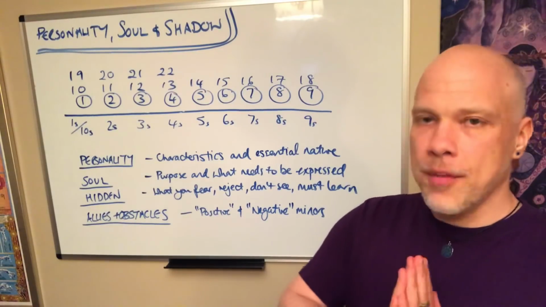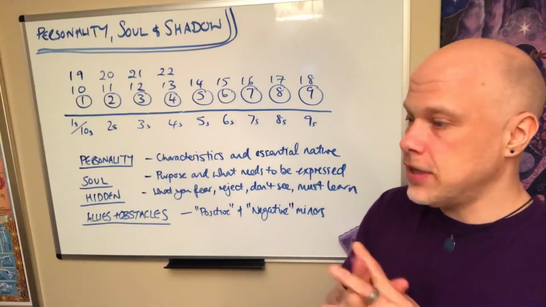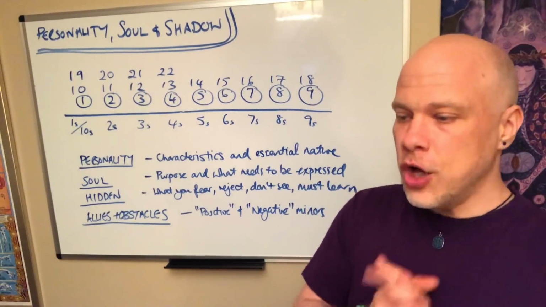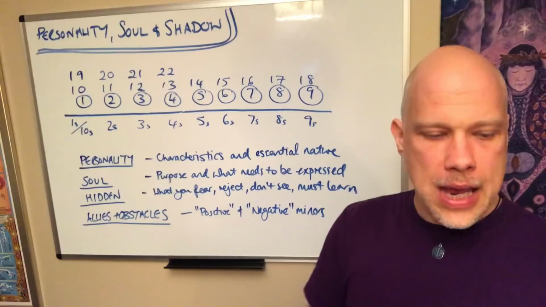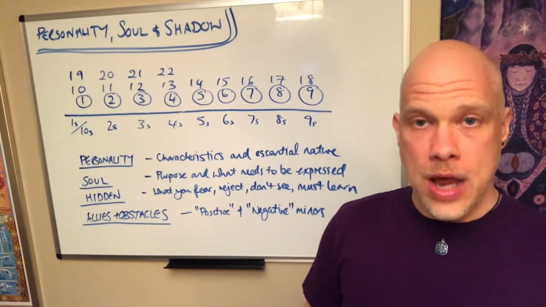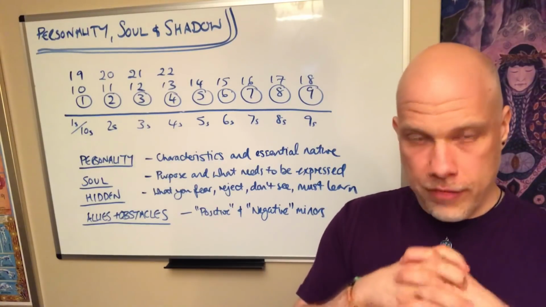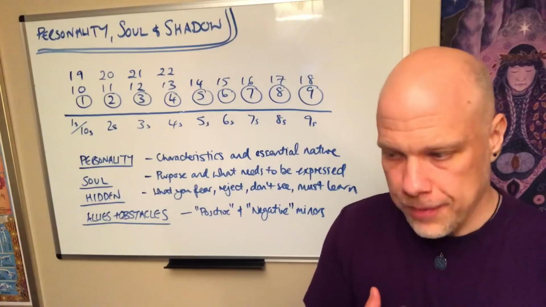I will add one more thing into the discussion, and it's something I've mentioned in a previous video, and I'm just throwing this out there for your edification and your consideration. And that is, obviously these calculations are based on adding together date of birth, month of birth, and year of birth.